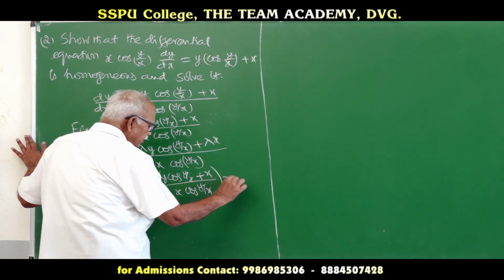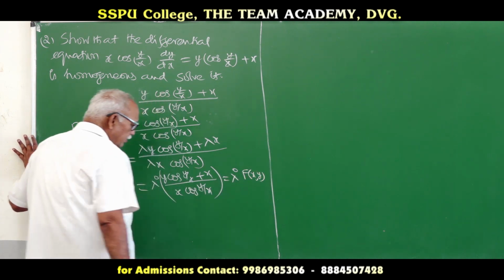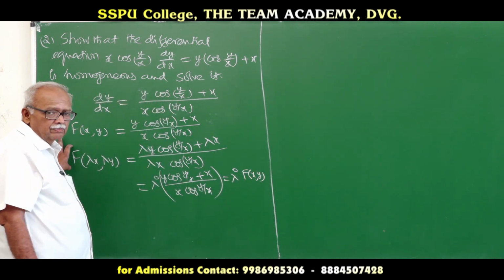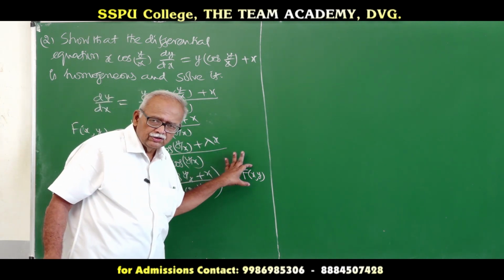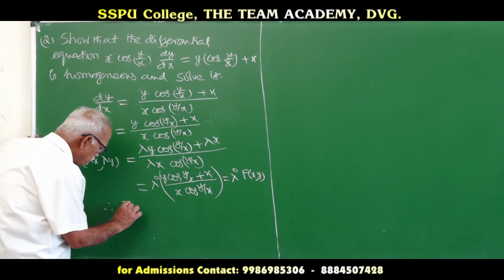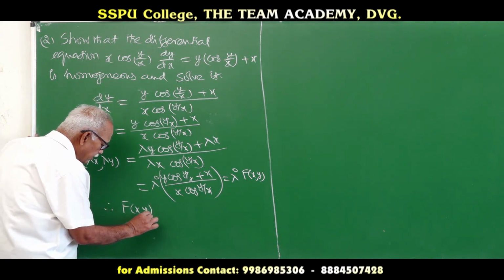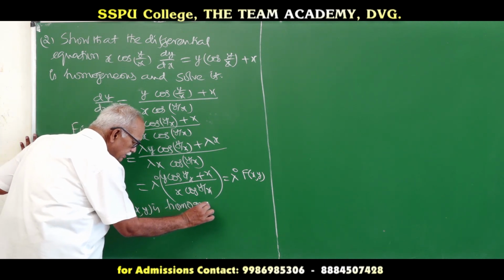So, this is nothing but lambda 0 into f of x, y. So, we have written f of lambda x, lambda y as lambda power 0 f of x, y. Therefore, f of x, y is homogeneous.